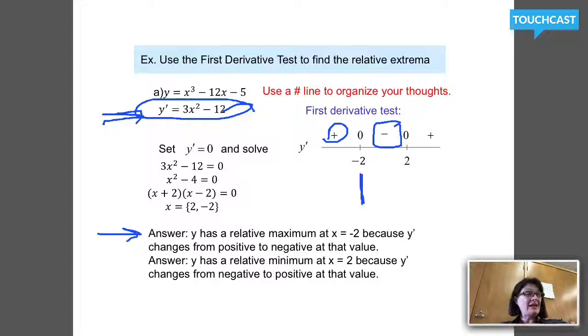I was looking for any relative extrema, so there's also a relative minimum, because look here, in this middle interval I have a derivative y prime that is negative, but right here at x equals 2, what happens? That derivative changes from negative to positive, so y also has a relative minimum at x equals +2, because y prime changes from negative to positive at that value.